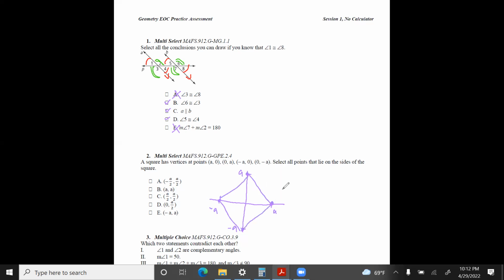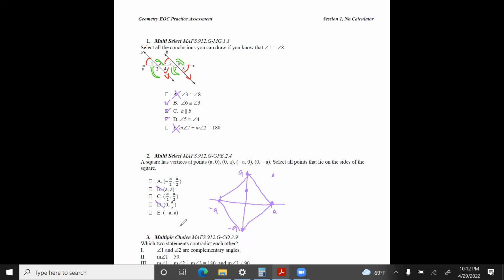Now, graphing helps. Looking at the options right away, I see B, (A, A), would be out here. That definitely doesn't work. They want points that lie on the lines, and that one's way off of the lines. Then option D, (0, half of A), is also definitely not on the lines. It's right about there.